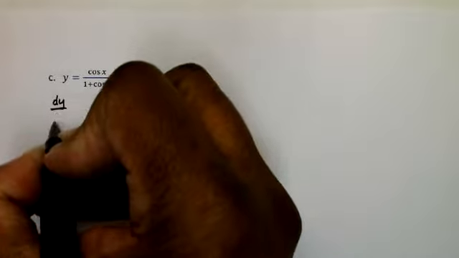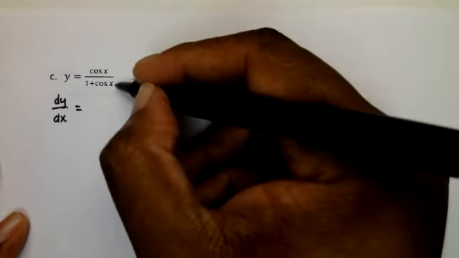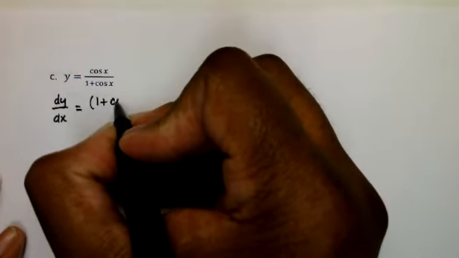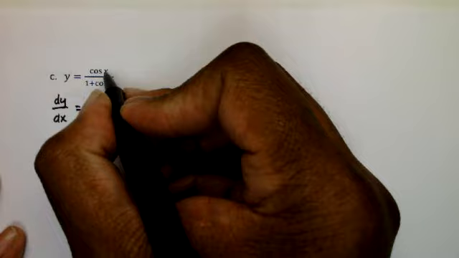All right, here's one more of these examples. This one we need to apply the quotient rule for y equals cosine x divided by 1 plus cosine of x. So dy dx is, of course, the low times the derivative of the high. We write the low, which is your denominator, 1 plus cosine of x, times the derivative of the high.